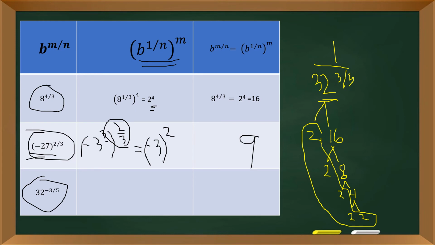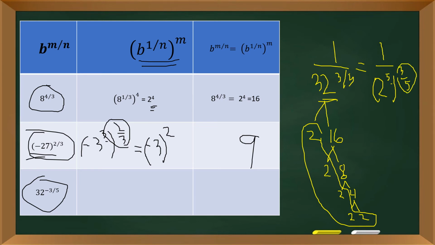So therefore, 32 raised to negative 3/5 can be expressed as 1 over 2 raised to 5 raised to 3/5, or 5 is to be multiplied with another power, which is 3/5.